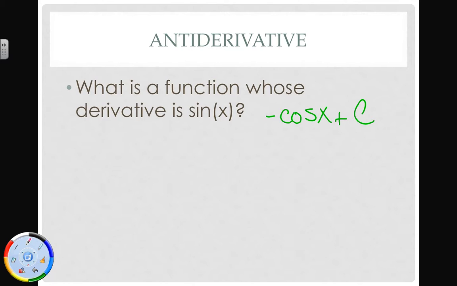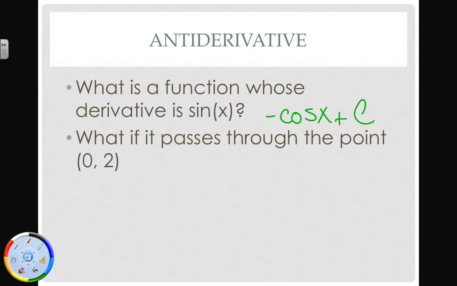But we could say, what if it goes through the point (0, 2)? The antiderivative goes through the point (0, 2), which means now I can say negative cosine of x plus c equals, actually I need to delete the x because I'm going to plug in x equals 0. And I'm going to let that equal 2.